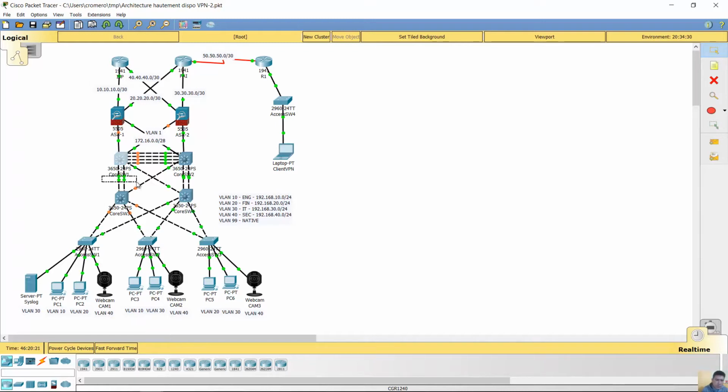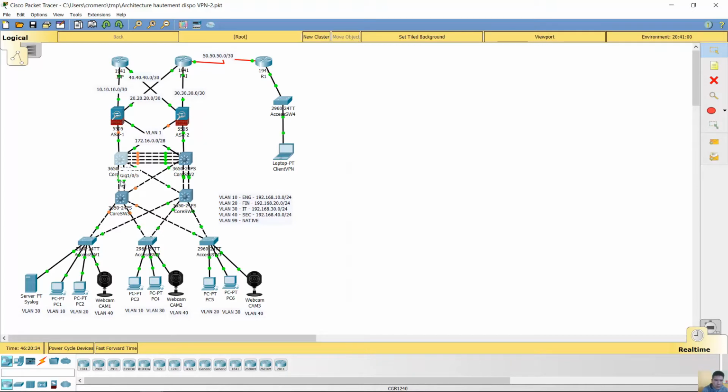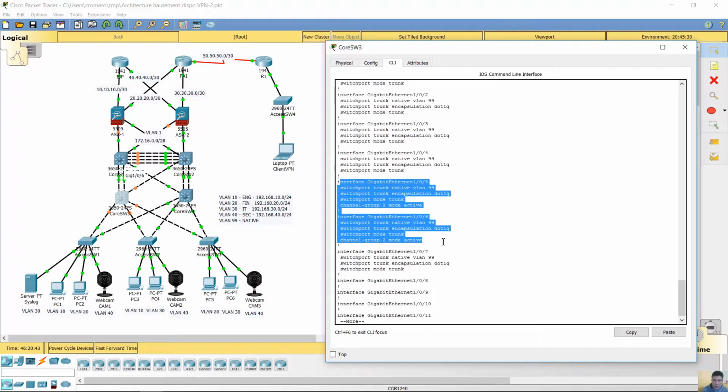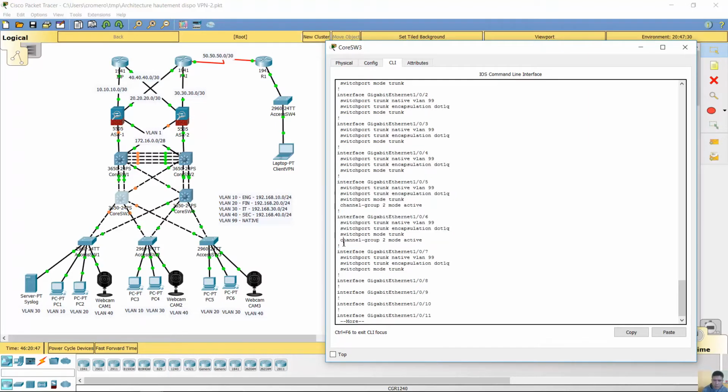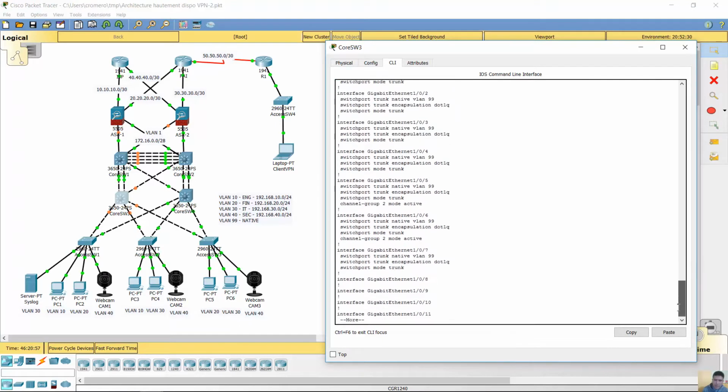These are the two trunk ports forming an EtherChannel, ports 5 and 6 on channel group 2, to form the port channel 2. And that's it.